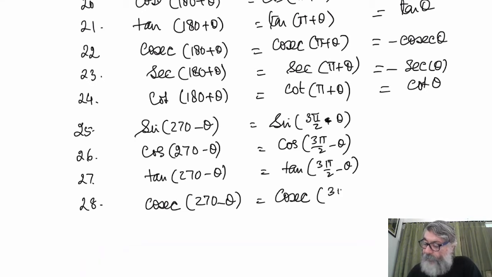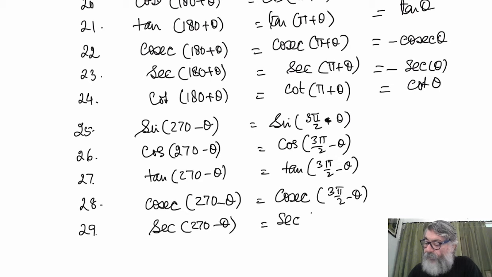Sec 270 minus theta, or sec 3 pi by 2 minus theta, and then it will come cot 270 minus theta and cot 3 pi by 2 minus theta.